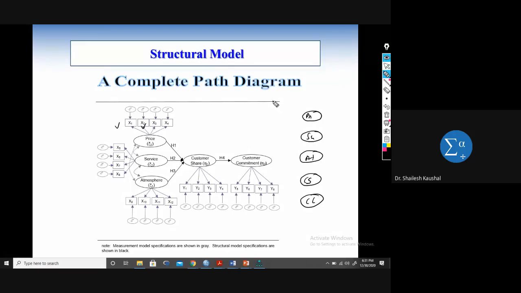I can write here x1, x2, x3, x4, and the arrows. Why am I taking the arrow from the latent variable to these? The reason is simple: these are dependent with respect to this. This is our latent variable, price.